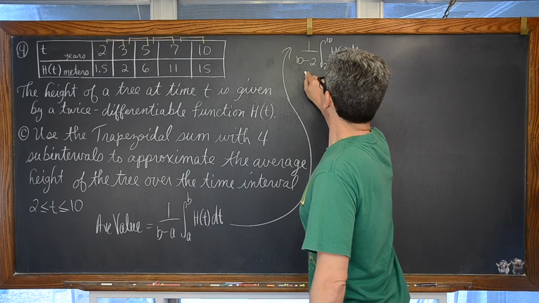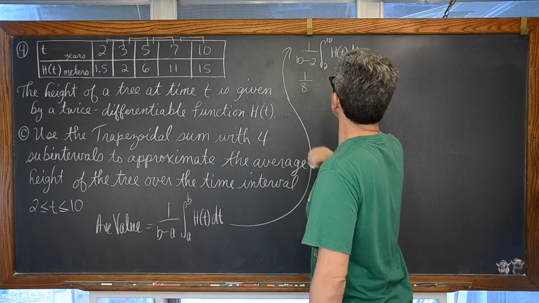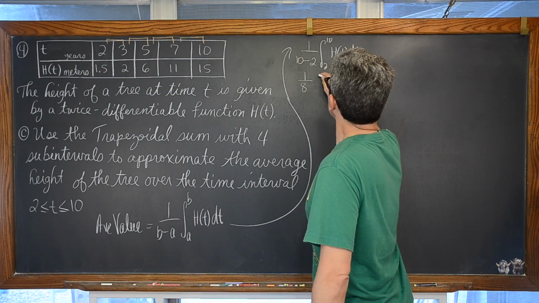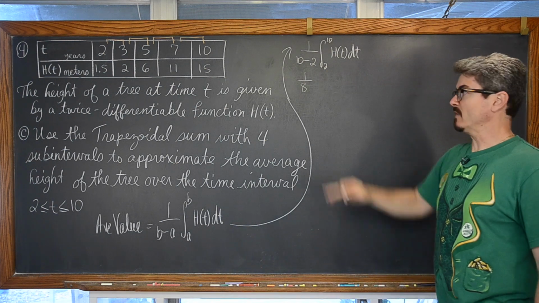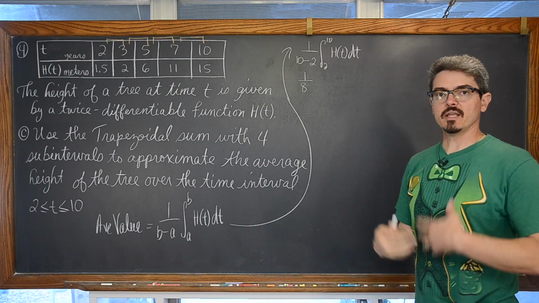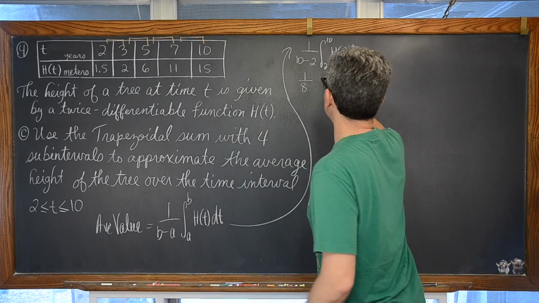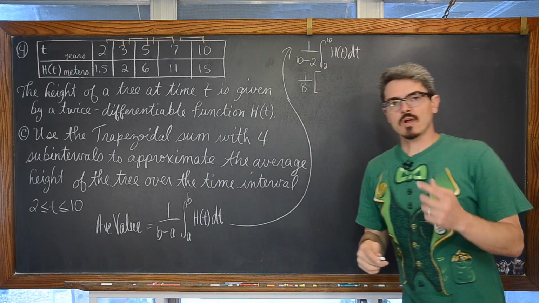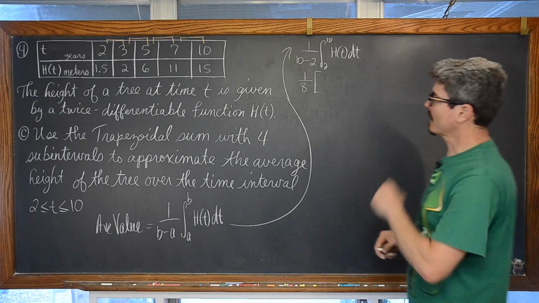Shocking, right? So we have 1 over 8 times, now we have definite integral notation, but we don't have the actual function to integrate and then plug in the values of 2 and 10. Now we're going to estimate the area off the table using a trapezoidal sum.